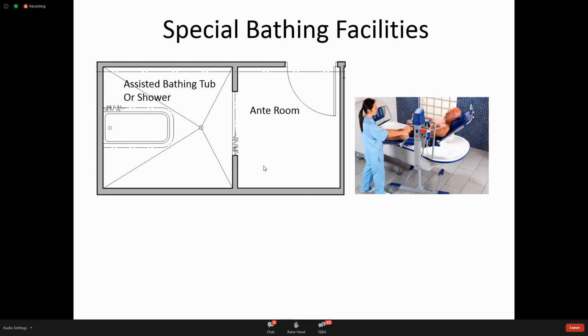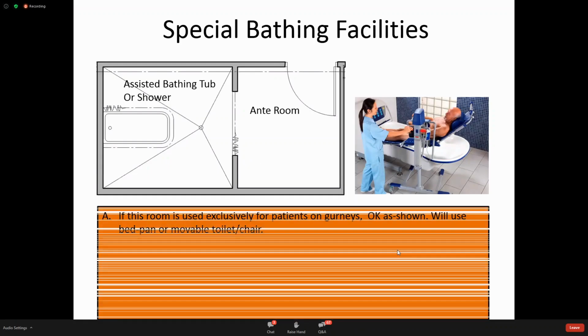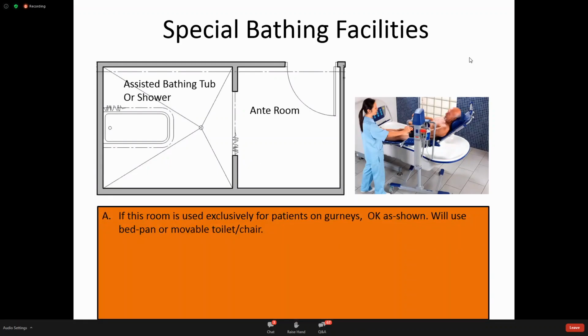It's not for self-bathing. If you're doing self-bathing, now nobody does this anymore, but 30 years ago, 40 years ago, we used to design hospitals that had a shower out in the corridor, and everybody would use that shower. Now, nobody does it that way.